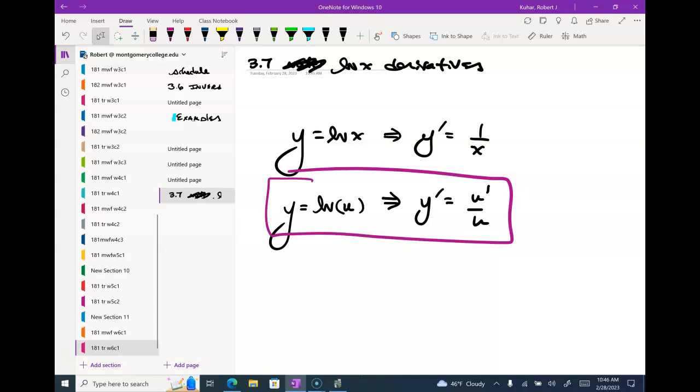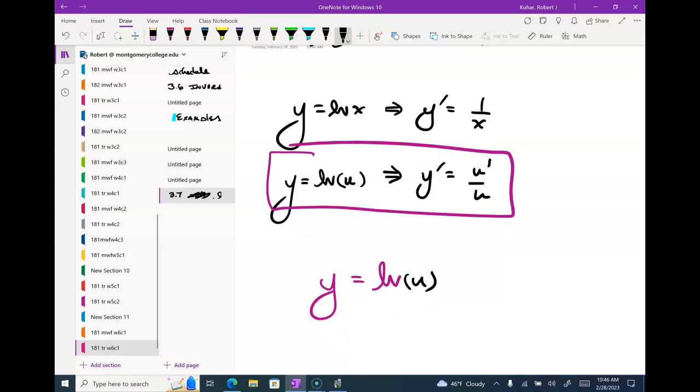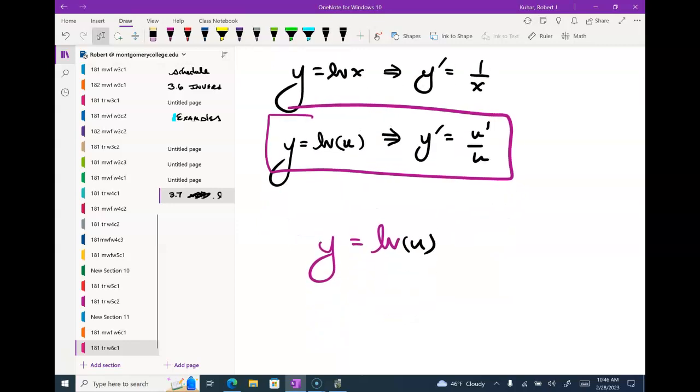Okay? So I want to get the derivative of this thing, right? But I don't really know how to. I think the answer is 1 over u, but that's not true because u is a function. So I'm going to rewrite it using what function?